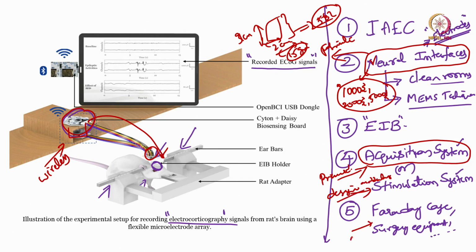The Faraday cage we are making, and the surgery setup is procured. Whatever the engineering perspectives we have from our side, we are trying to develop all those things indigenously.